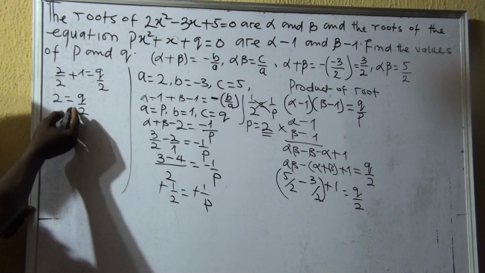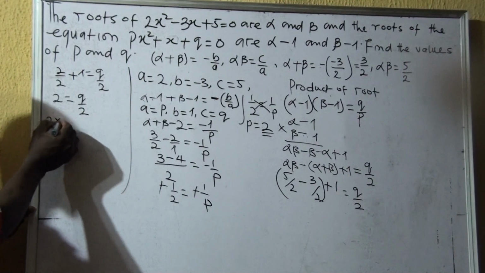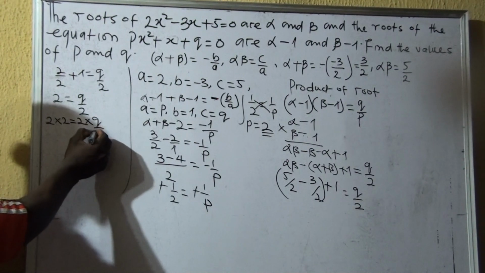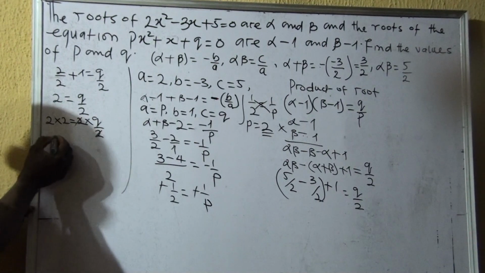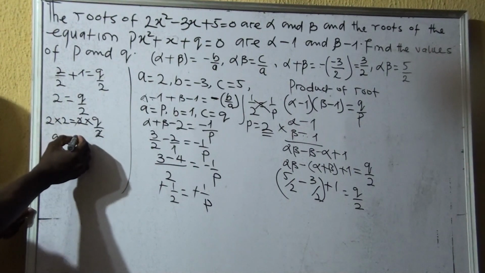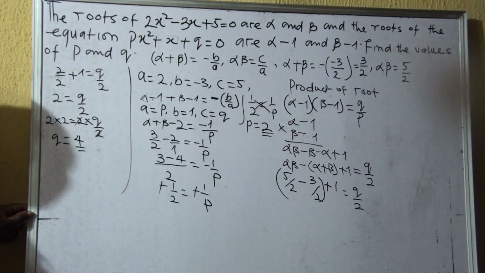To obtain q, we say 2 times 2 is equal to 2 times q over 2, so the value of q is equal to 4.